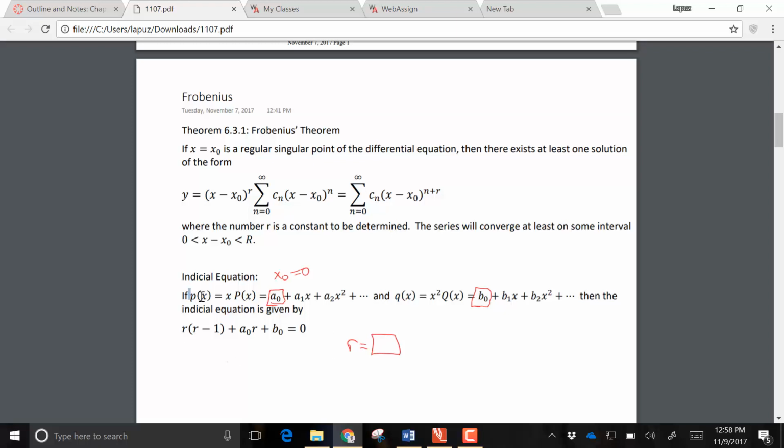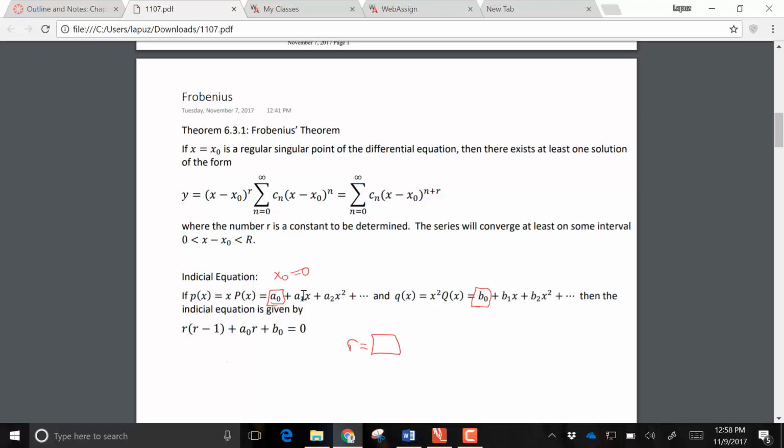Well, that little p and little q that we defined earlier can be written as a power series. A lot of times these things are just polynomials, so we'll just look at them as polynomials, but we're going to be concerned about the constant terms.